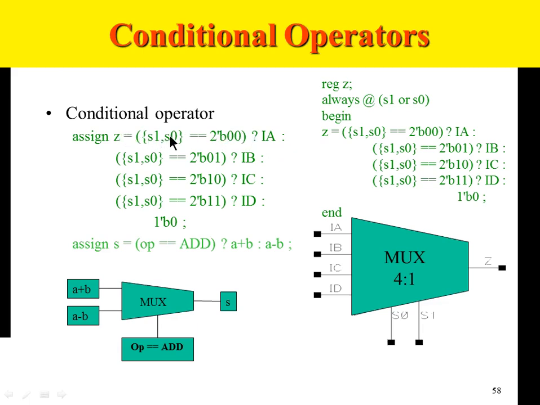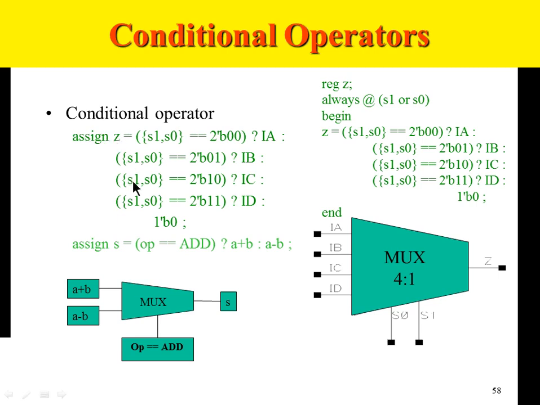That means check if S1 S0 is 00, 2-bit binary number 00. If it is 00, input A goes to output Z. Else, S1 S0 is equal to 2 tick B01 question mark IB. If this is not true, check if this condition is true. If S1 S0 is 2-bit binary 01, if this is true, input B goes to output Z.